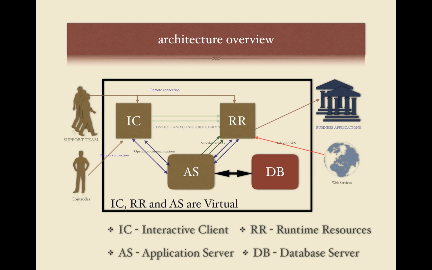What type of communication, like web services, whether it is inbound or outbound, or what sort of outbound communication the runtime resource handles. In this case, the communication with the business applications, then the communication with the application server, operating communication, which is two-way. It's not one-way, it's two-way, as I showed on the screen. So that is pretty much it for the architecture overview.